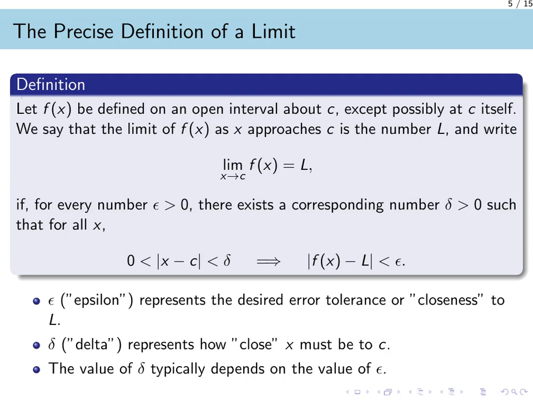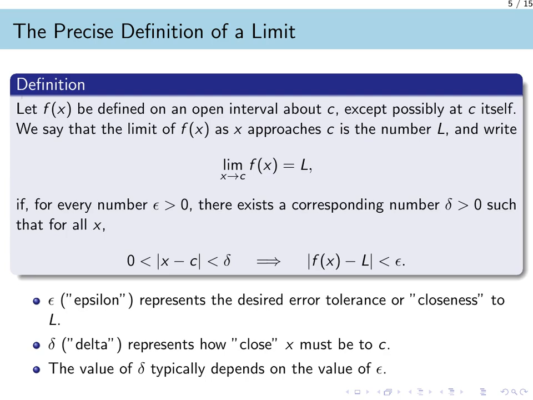For any positive error tolerance you can name, no matter how small, which we call epsilon, there must exist a corresponding positive distance around c, which we call delta. This guarantees that if we choose an input x that is within this delta distance of c, but not equal to c, then the output f of x will be within the epsilon tolerance of the limit L.